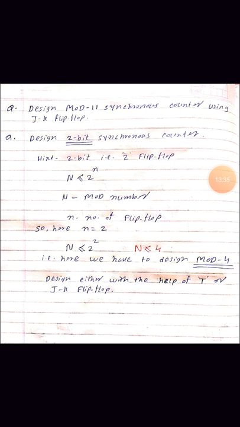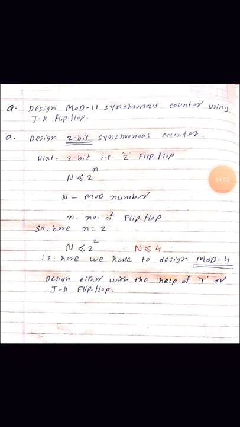Here again, the mod number is given, that is 11. You have to find small n. Here the value of small n is 4, so you require 4 JK flip-flops. You can design the same problem with the help of JK or with the help of T. Second question: design a 2-bit synchronous counter.